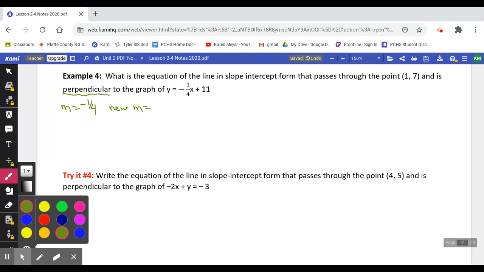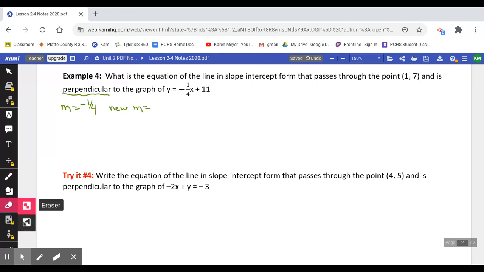So if my old one is negative, my new one is positive. And then flip your fraction. So if I flip it over, it becomes 4/1, which is just 4. So is everyone good that we're going to use the new slope of 4?